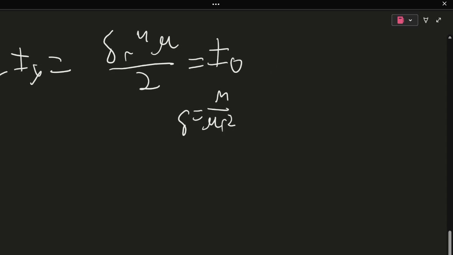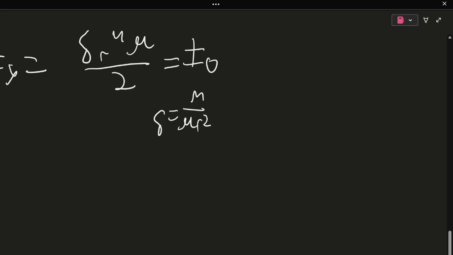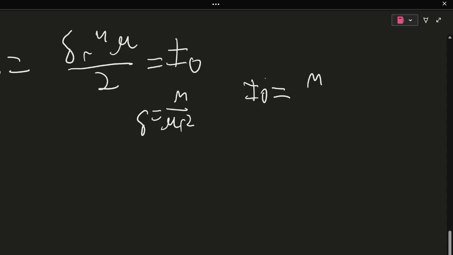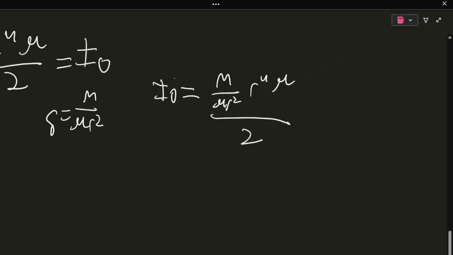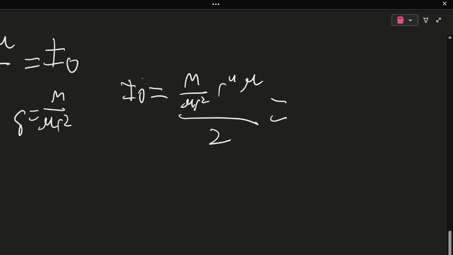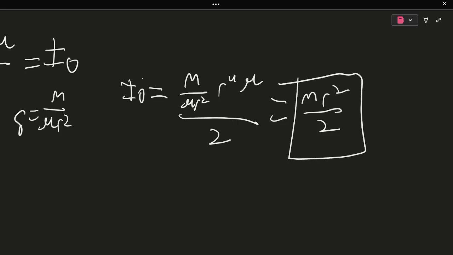And whenever we plug that into our equation, we get the moment of inertia about the origin is equal to mass over pi r squared times r to the fourth pi all over 2, which is also equal to mass times r squared over 2, which is our more general form for the moment of inertia of a circular disk about the origin. So thank you all for watching.